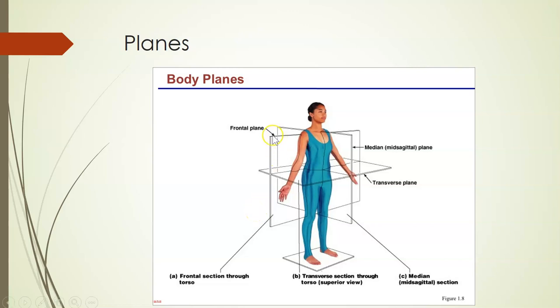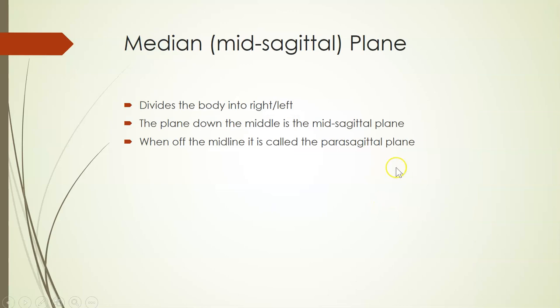Remember, the frontal plane is also known as the coronal plane, divides the body into an anterior and posterior. We have the median sagittal plane, which divides the body into equal left and right. Remember, if the plane moves away from the center, it's called a parasagittal plane. We also have the transverse plane, which divides the body into a superior and inferior. So the mid-sagittal plane, remember, right and left.